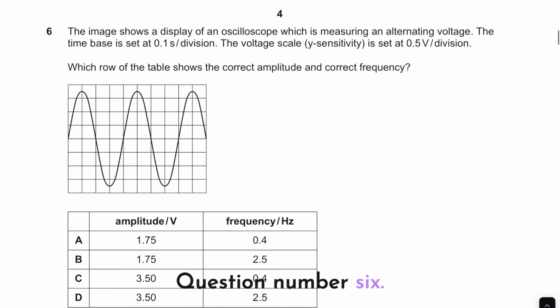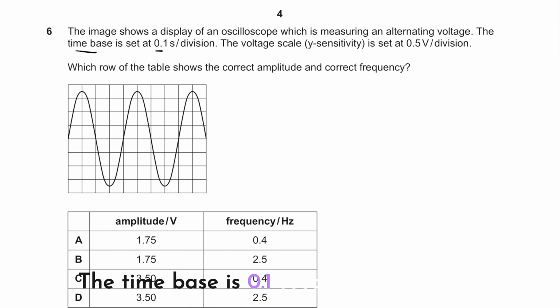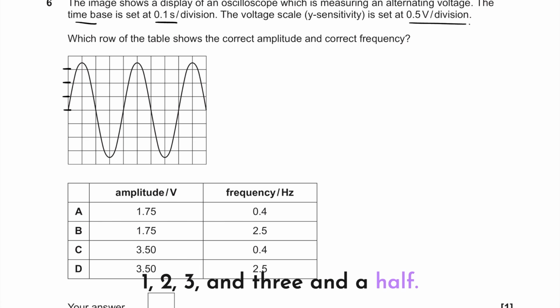Question number 6. The image shows an oscilloscope measuring alternating voltage. The time base is 0.1 seconds per division, and the voltage scale is 0.5 volts. We need to work out amplitude and frequency. The amplitude is the height from the resting position, so that's 1, 2, 3, and 3.5.